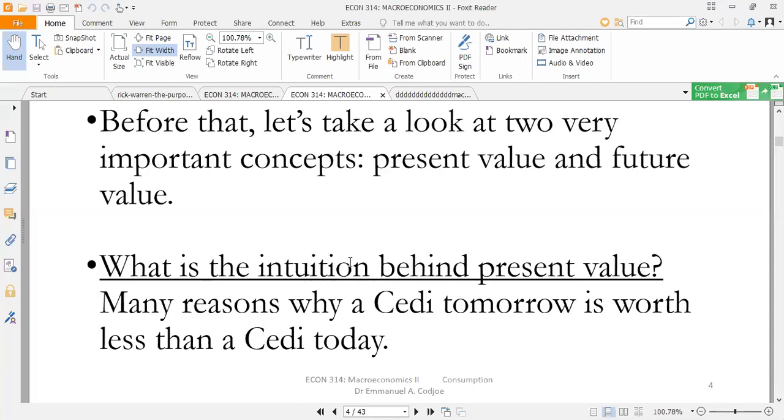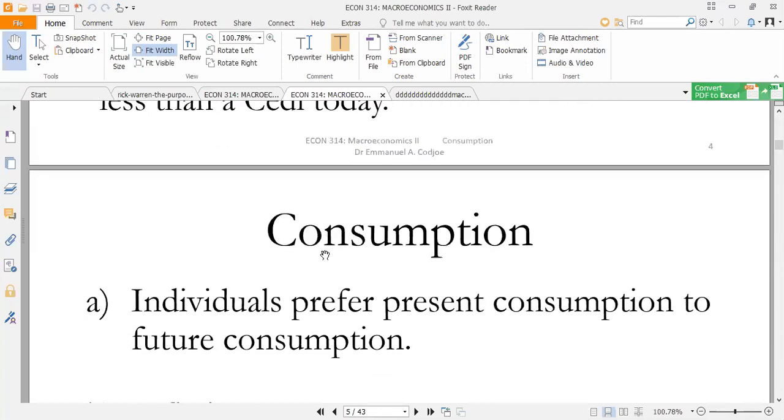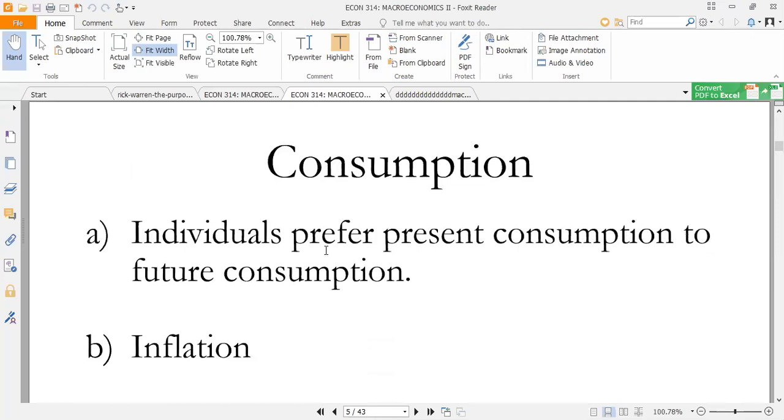So now it means that there's going to be a trade-off between your consumption today and your consumption in the next period. You have to decide: are you going for higher consumption today and consuming less tomorrow, or do you want to consume less today and consume more tomorrow? But before that, we have to know how to discount the future values to the present value.